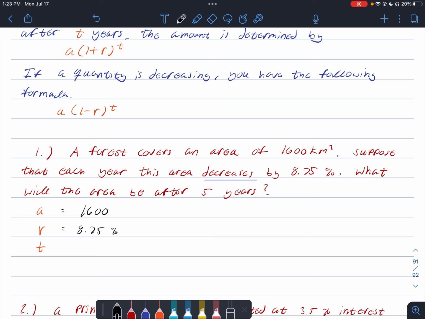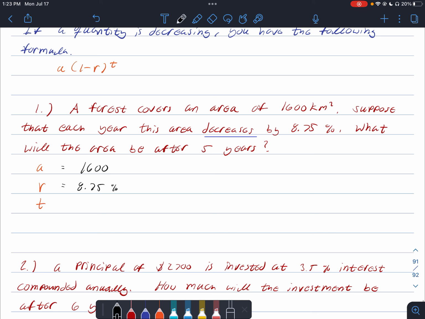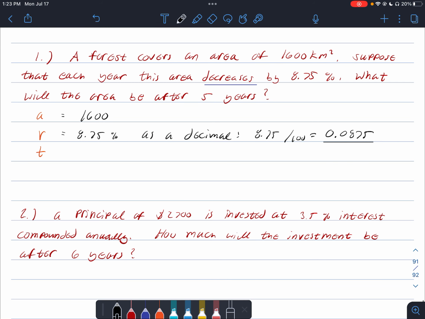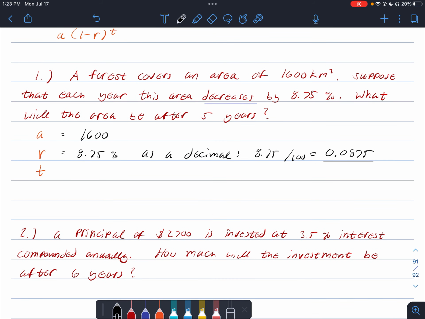So 8.75 divided by 100, as a decimal, we get 0.0875. So our R value is going to be 0.0875. And our T value is time in years. It says here we want to know what it's going to be after 5 years. So T is going to be 5.